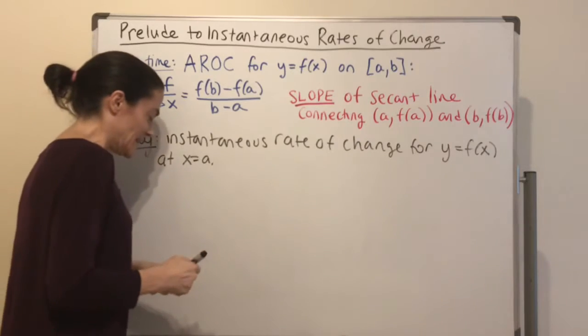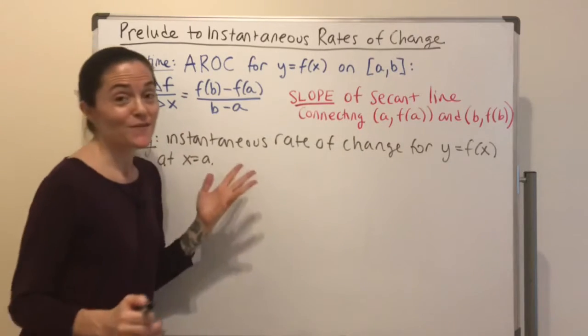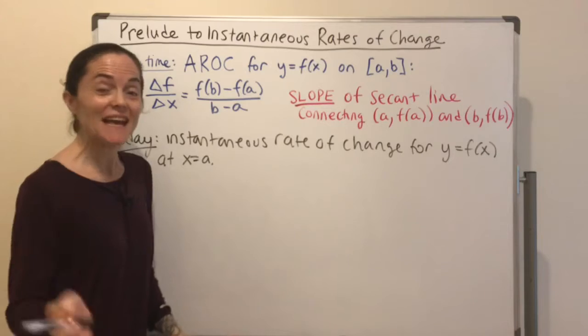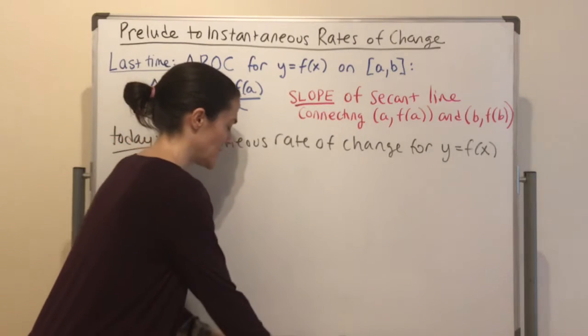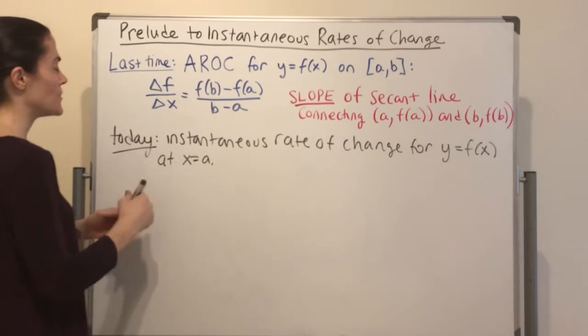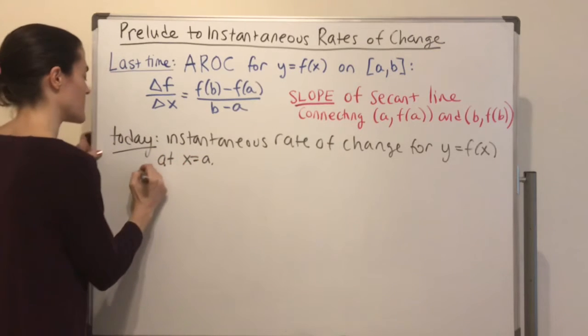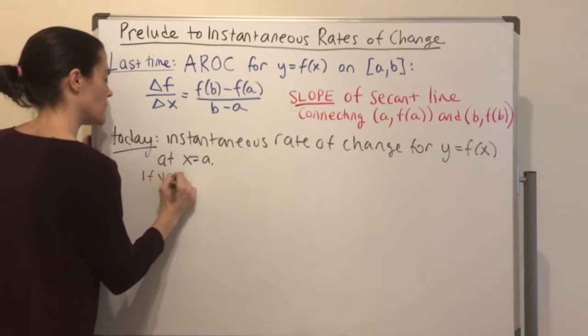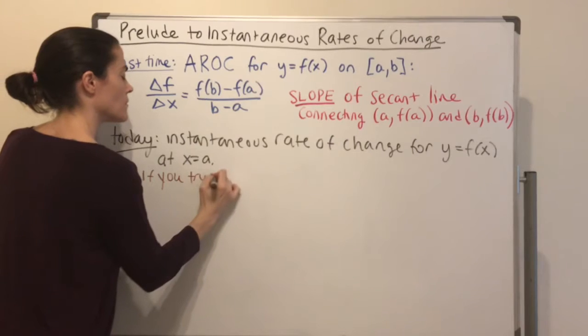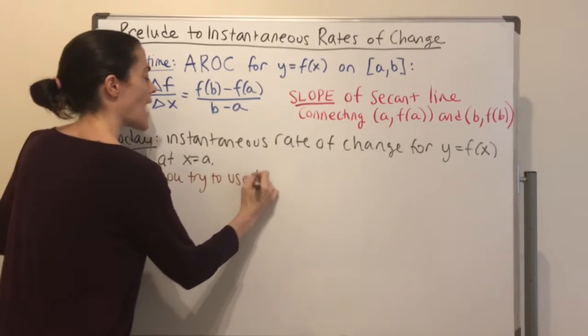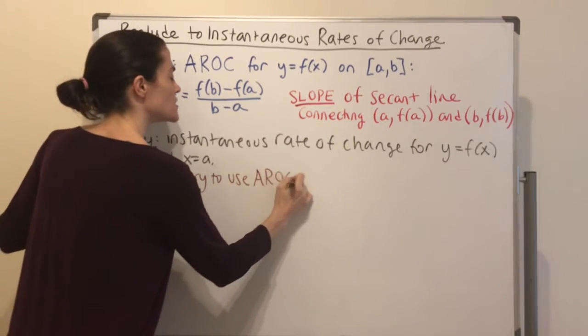Well, this is a very wonderful formula for average rate of change on an interval, but what happens if you try to use the average rate of change formula?